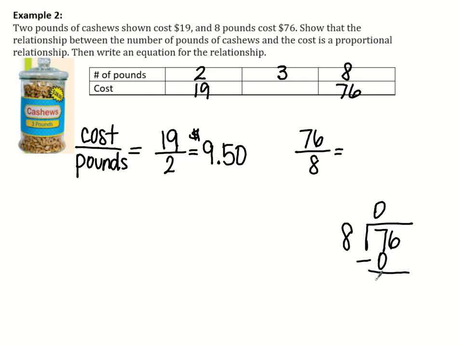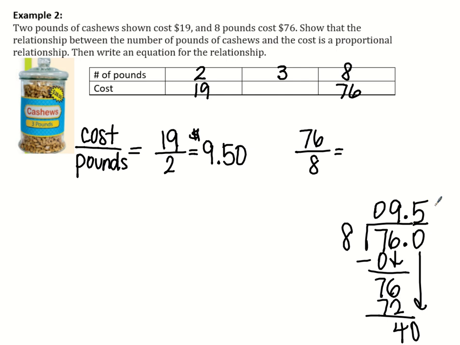I have 0, subtract, I have 7. 8 into 76. 8 times 9 is 72. I have 4, so I add my decimal, bring down my 0. 8 into 40 goes 5. And because we're talking money, you would add another 0, and that would be $9.50.